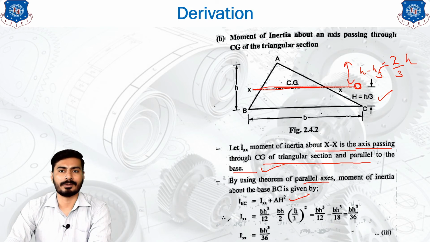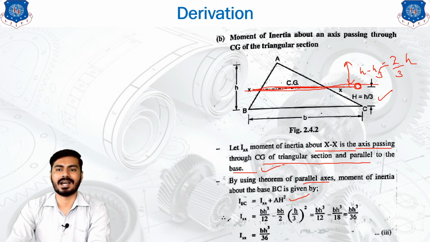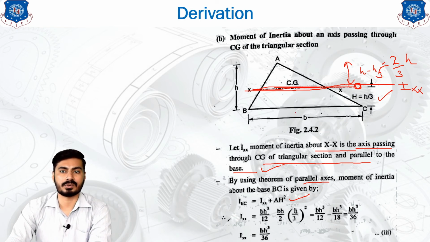We know the formula of the parallel axis theorem: the axis passing through the centroid will give you the answer of IG or IXX, and the axis which is parallel to the centroidal axis is IBC. So IBC equals IXX plus A h square.